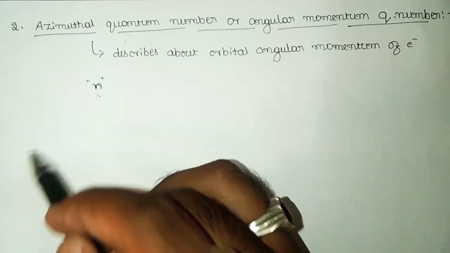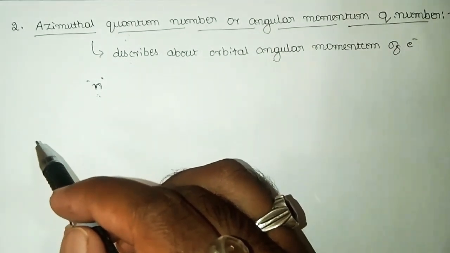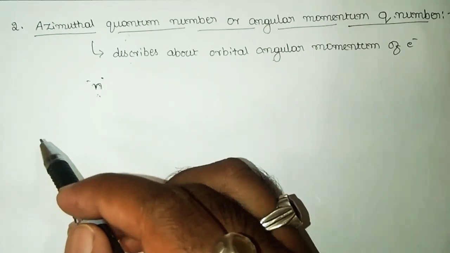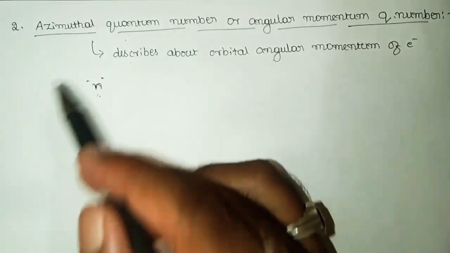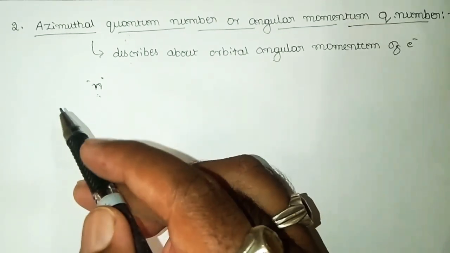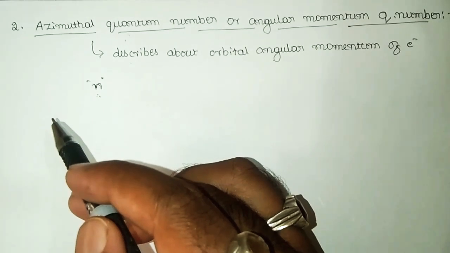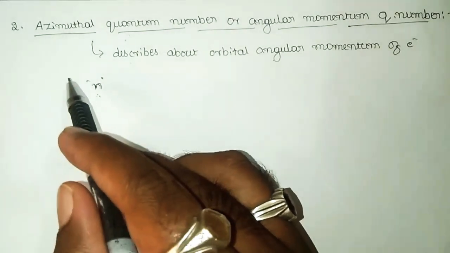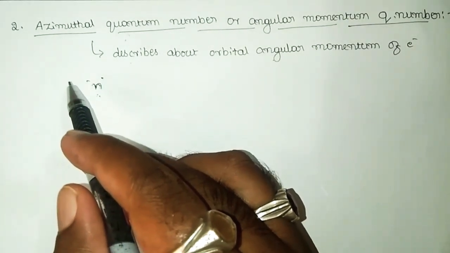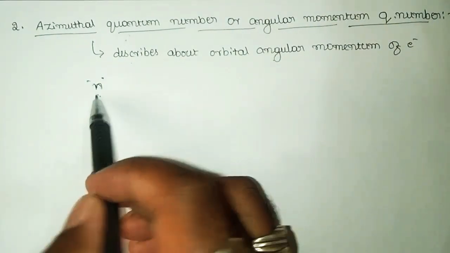And based on this, we can confirm that each energy level has a certain definite number of sub-energy levels. We can also call them subshells. And the number of sub-energy levels, subshells, present in a particular main energy level is completely dependent on the value of n.